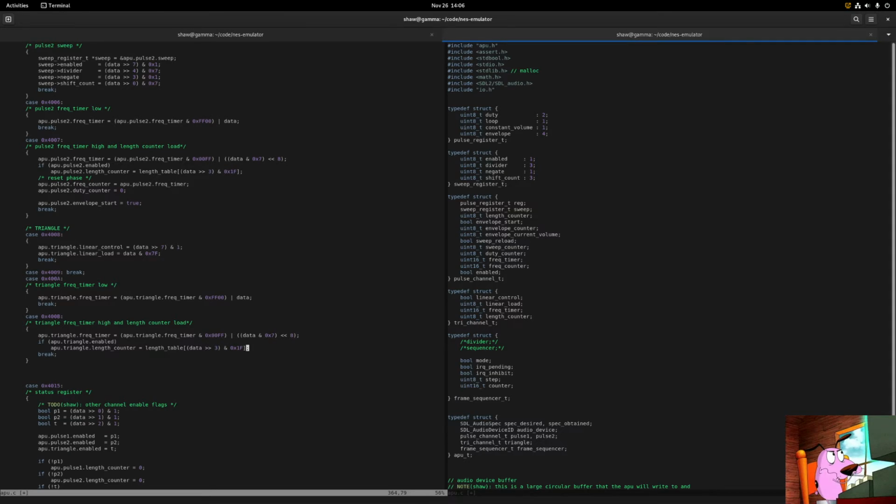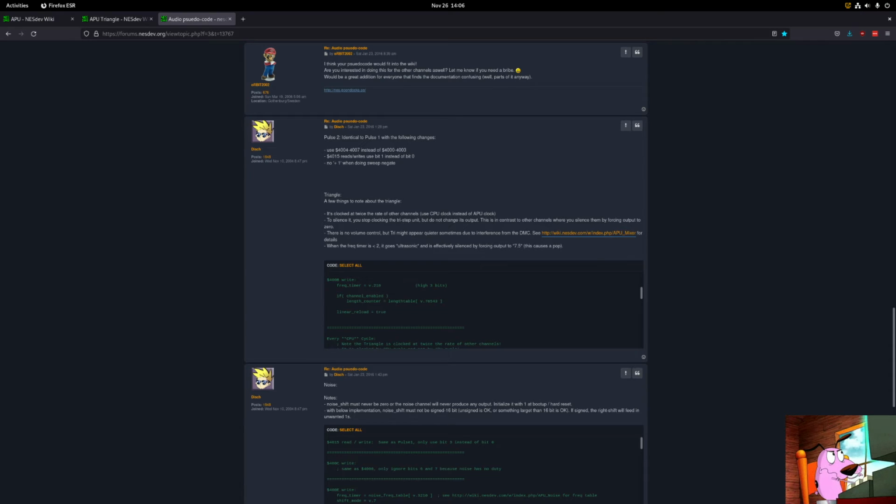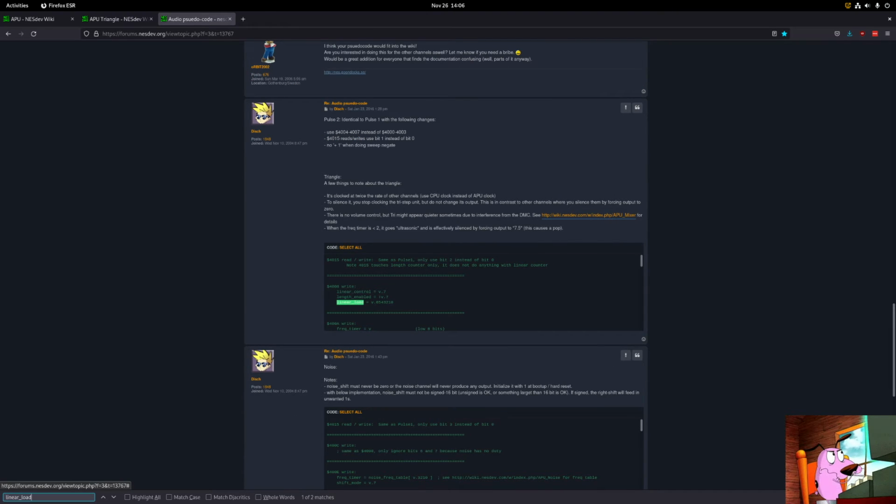Linear reload gets set to true. Linear reload? We called it linear load. Is that the same? Probably. Linear load. Linear load. Uh-oh. Is it linear reload and linear load?